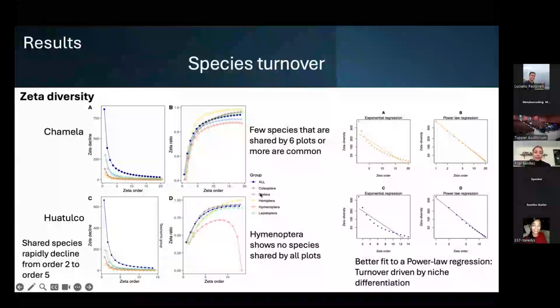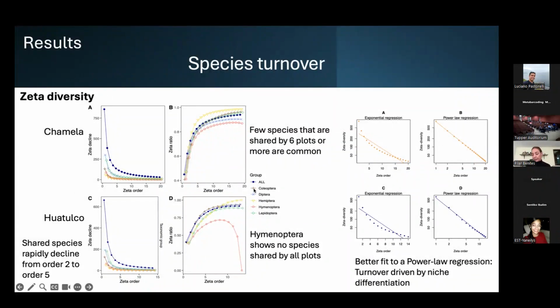But when we make a graph of zeta ratio, which is the probability of a common species to be retained, we see for each order that those few species that are retained are really common and are present in almost every plot, and in all plots in Chamela.